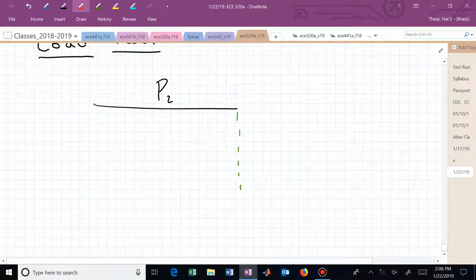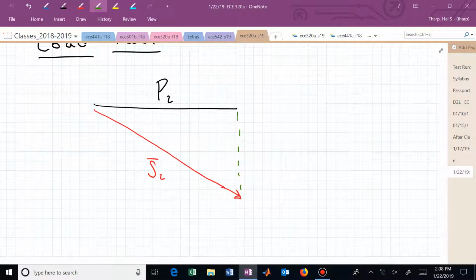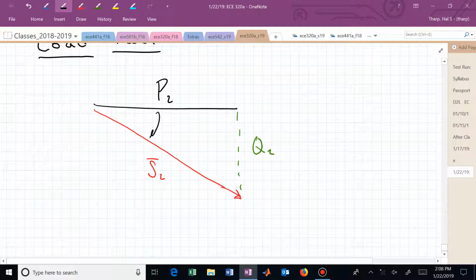We don't need the complex power in a vector expression, but we do need Q sub 2, and we were also told the power factor of load 2, so indirectly we have theta sub 2.